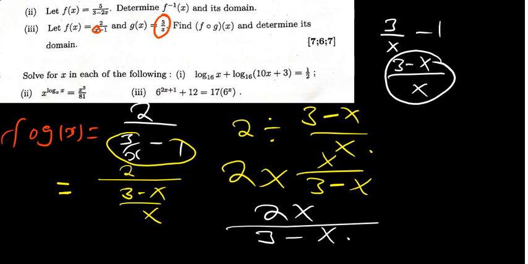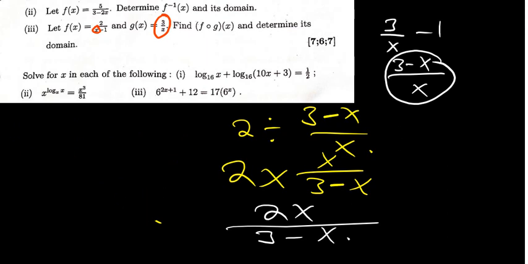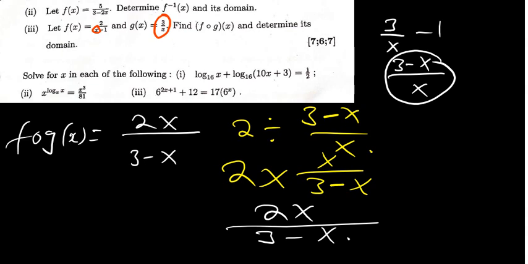No one is confused? So fog of x is 2x over 3 minus x. So this is our answer.